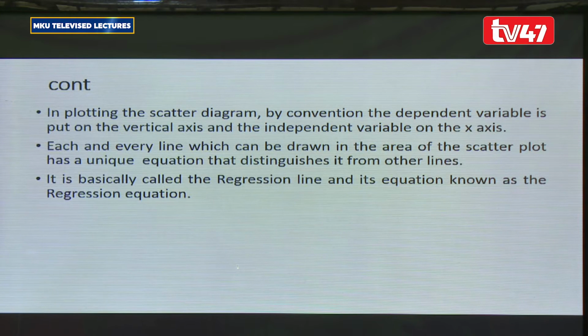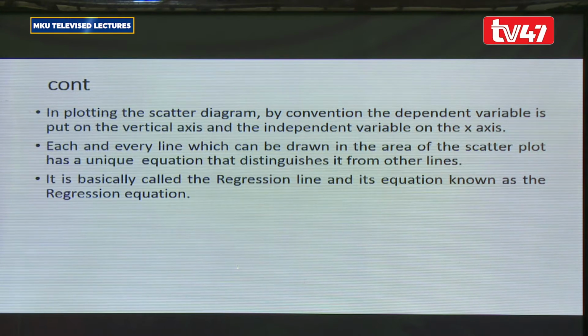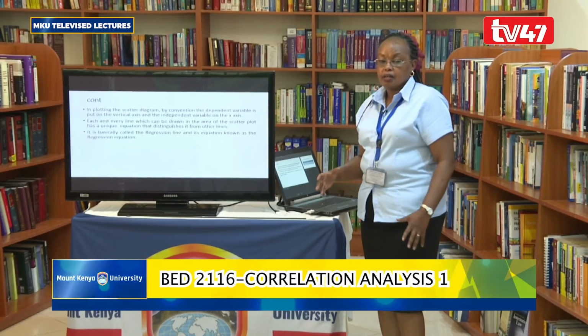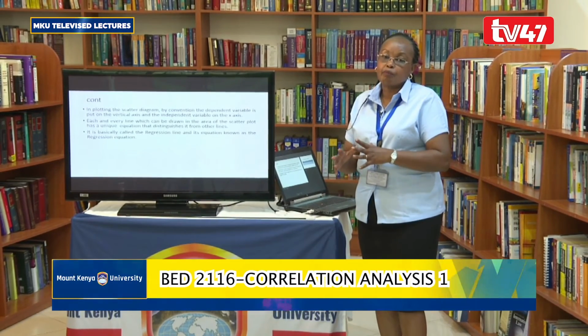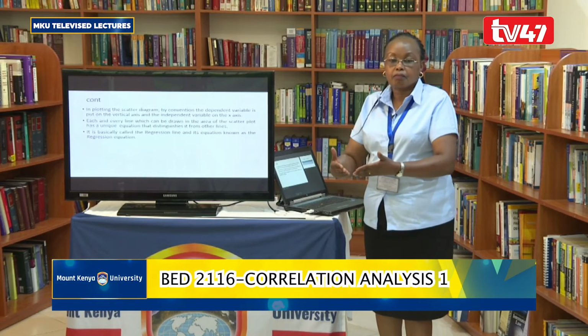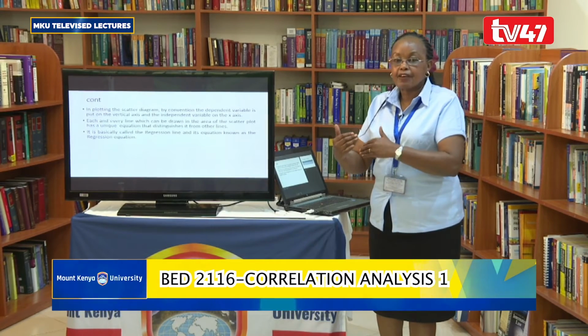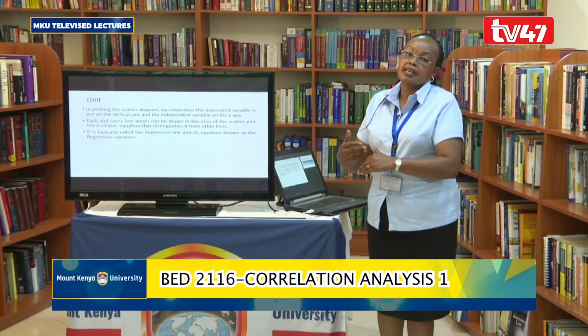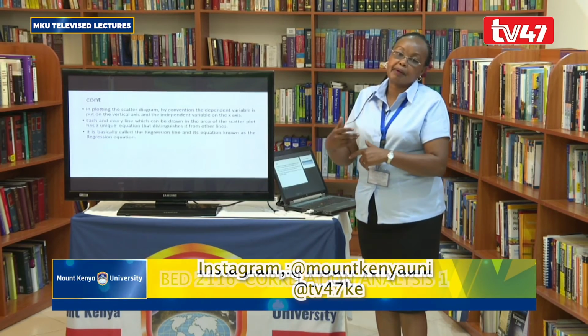Then, by convention, class, anytime that you want to plot a scatter diagram, we always start with what we call the independent variable, and there's also the dependent variable. The independent variable is the one that affects, and the outcome variable is what is affected by the independent variable.